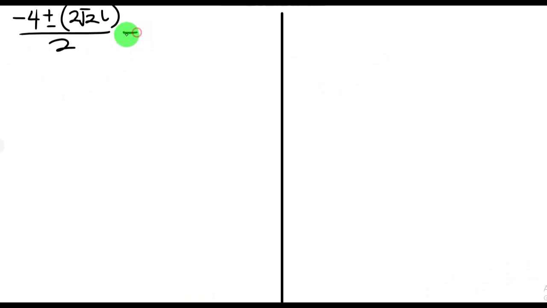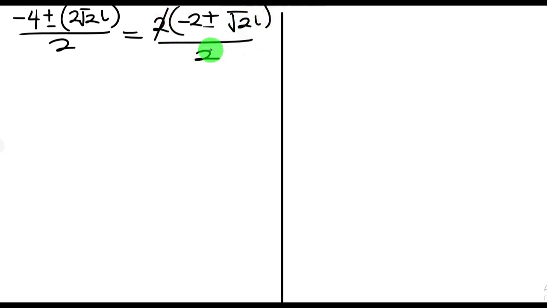This can be further simplified as 2 into brackets minus 2 plus or minus root 2 i, everything over 2. So 2 is going to cancel 2 here. At the end of the day, the third and the fourth values of x are minus 2 plus or minus root 2 i.